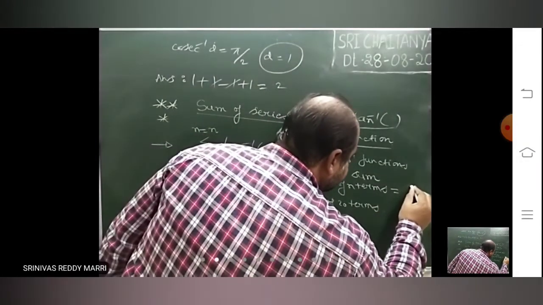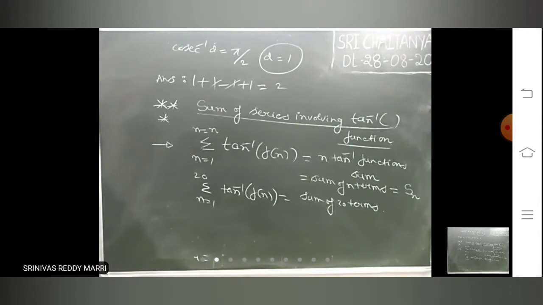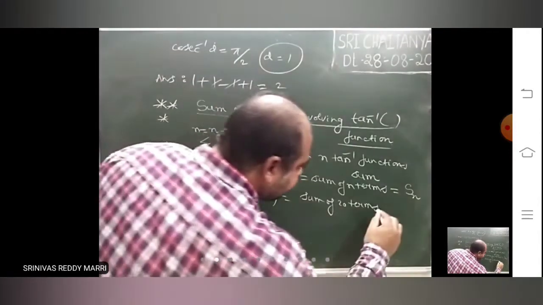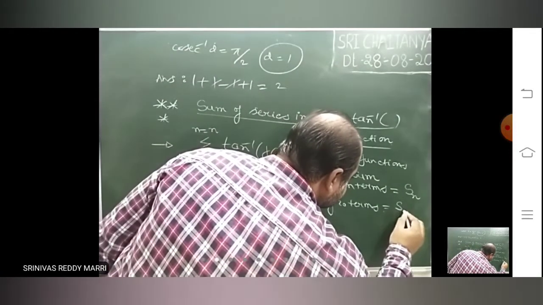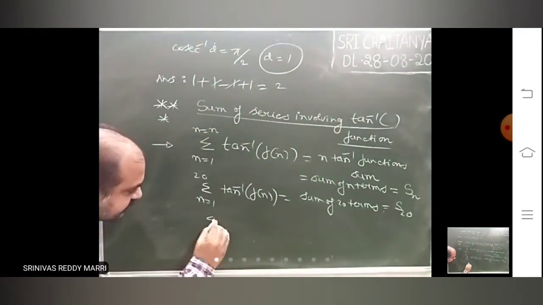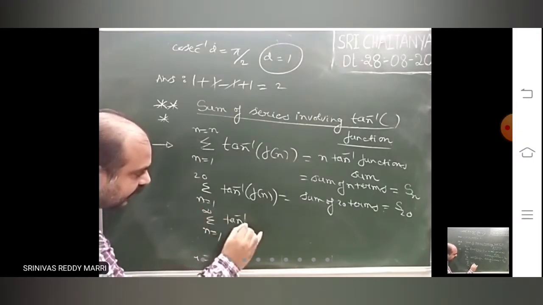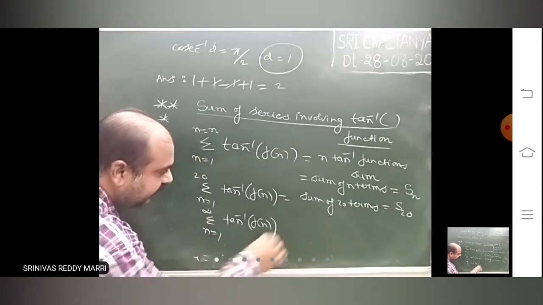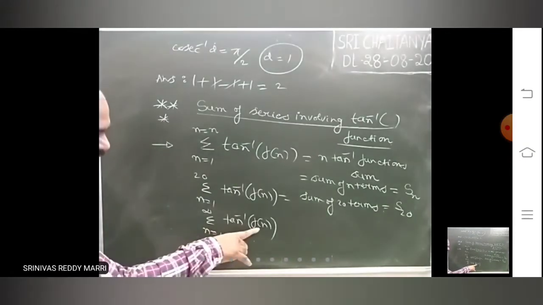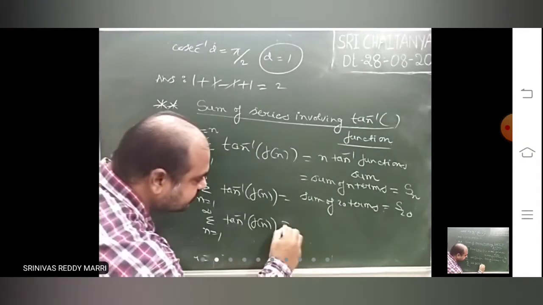This is also denoted by Sn, just like in progressions. Follow carefully. So this is also denoted by S20. Suppose it is given like this, n equal to 1 to infinity, tan inverse f of n. That is tan inverse f of 1 plus tan inverse f of 2 and so on, infinite terms.